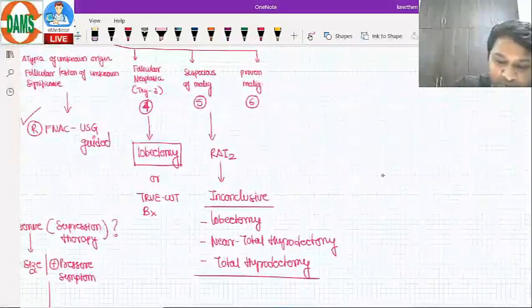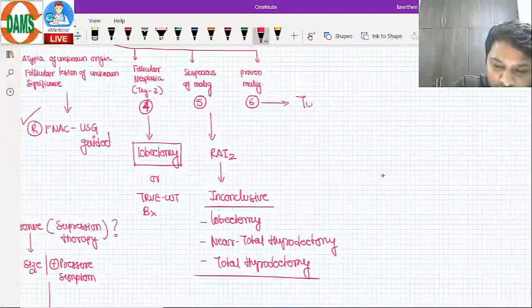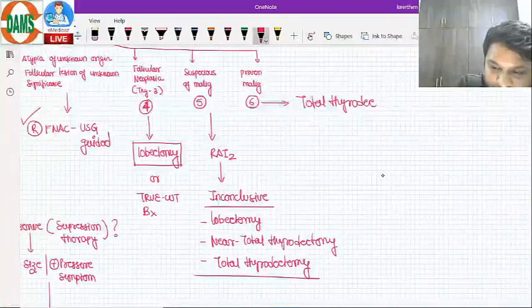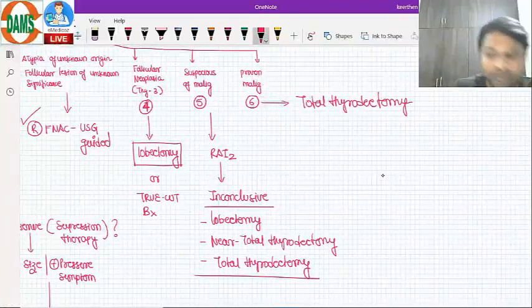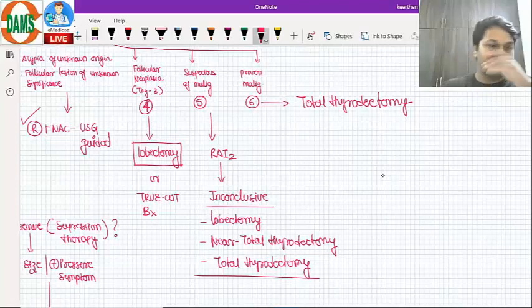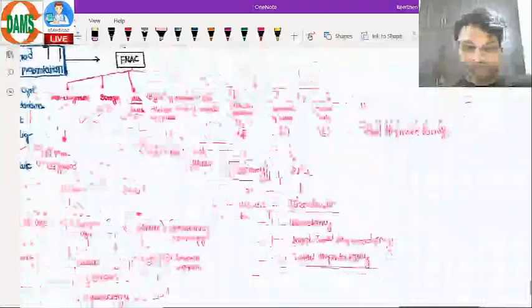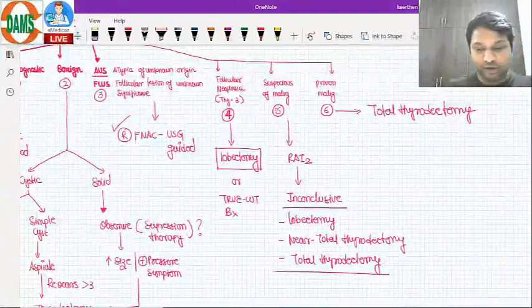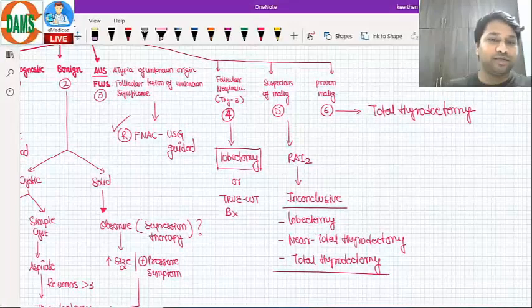Okay. For proven malignancy, it is total thyroidectomy. For proven malignancies, it is total thyroidectomy. So this is the complete set of scenarios if you have a solitary thyroid nodule-like presentation.